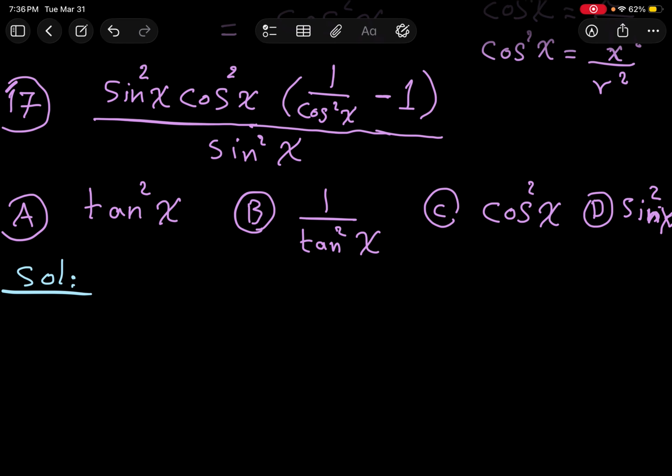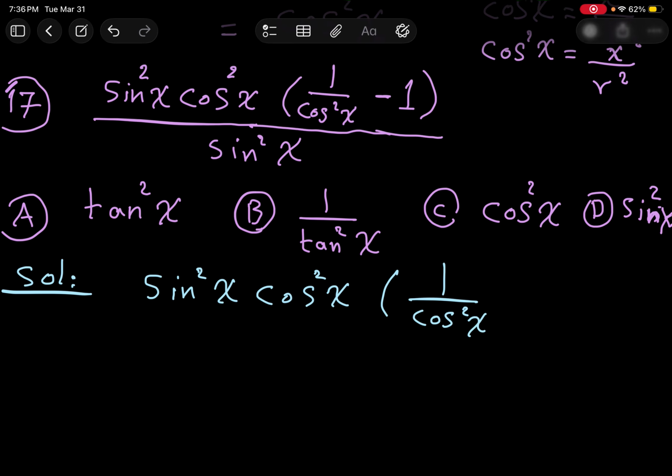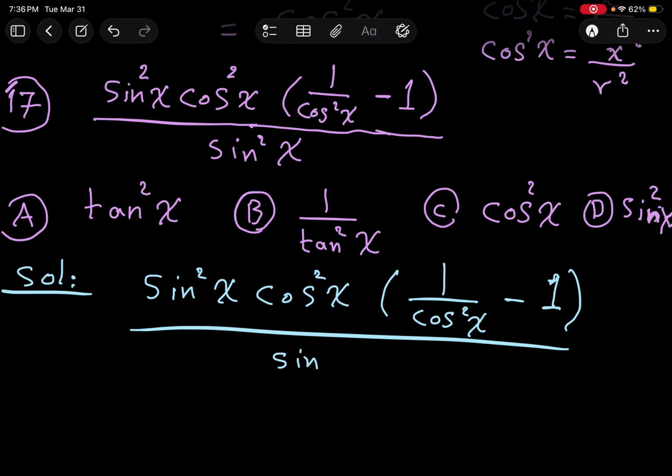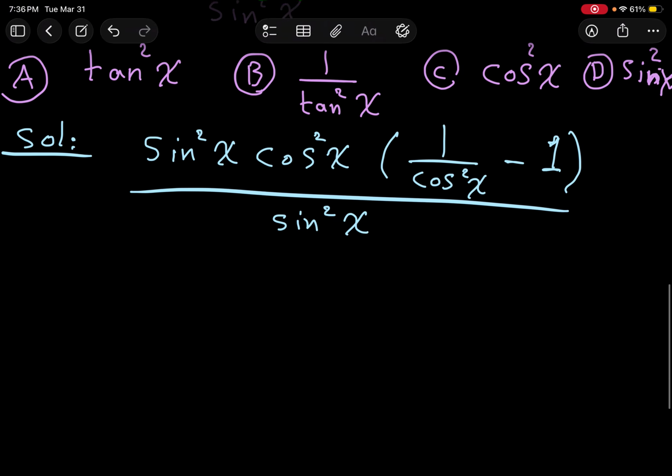No problem. So I'm gonna write it again: sine square x cosine square x, 1 over cosine square x minus 1, over sine square x.